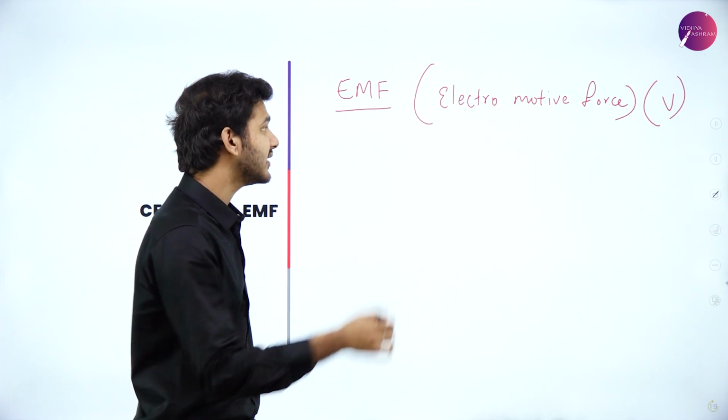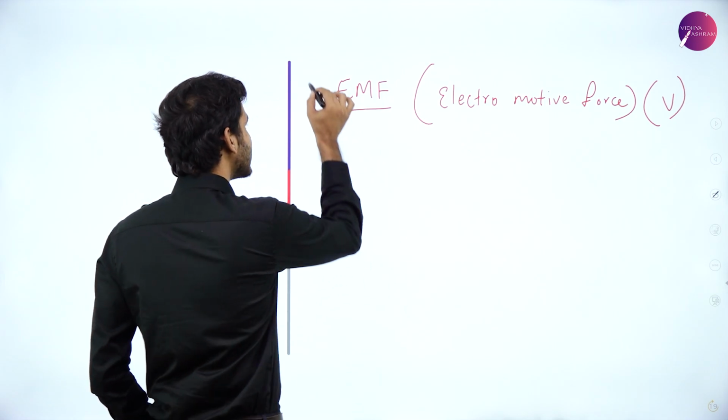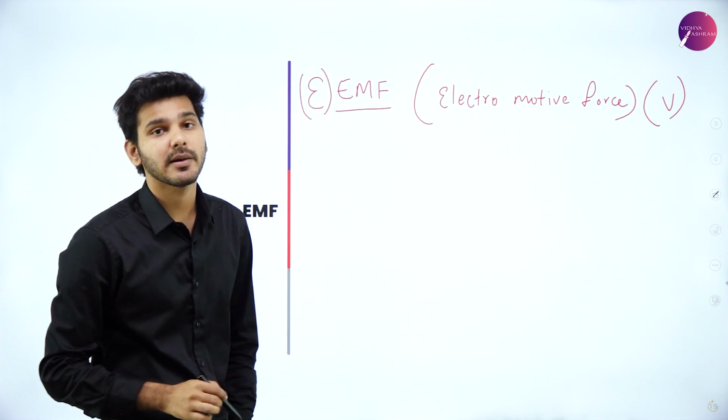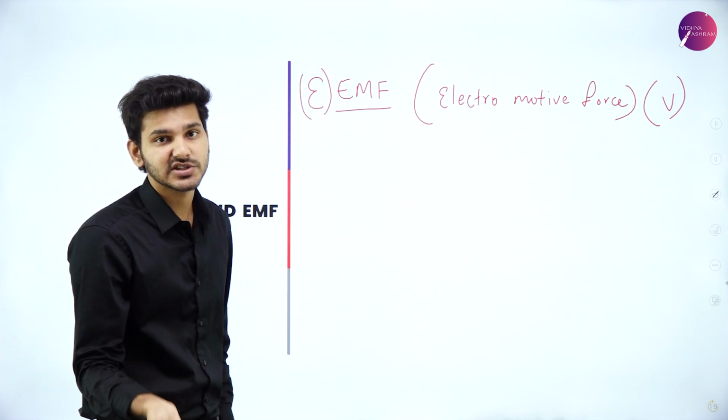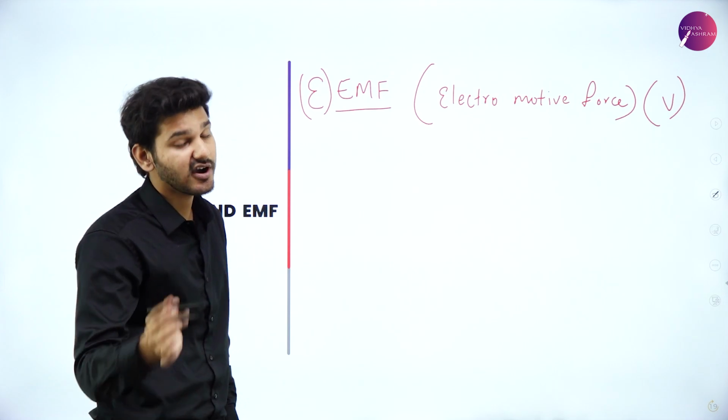That is why we represent EMF with a curled E. That is, a curled E is used to represent EMF. Basically, it is voltage, but it is not exactly the voltage we talk about in our daily life. Why?